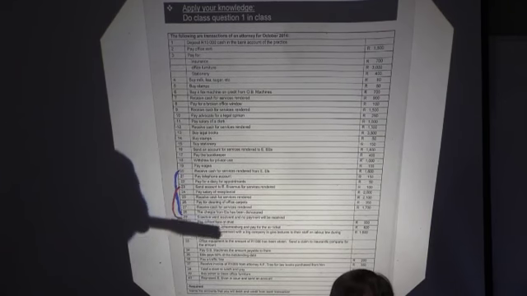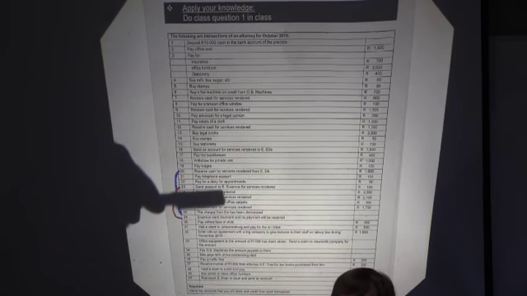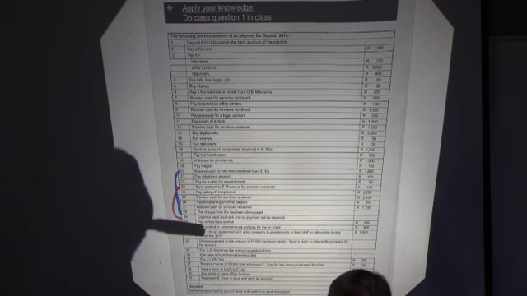Item 31, visit a client in Johannesburg and pay for the air ticket. Ladies and gentlemen, once again, we've got two options here. We can argue that this client contacted you and asked you to visit him in Johannesburg so that you do some work for him or her there in Johannesburg.